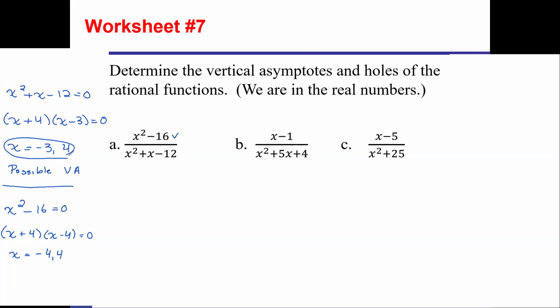Once again, we are both sharing this 4. What it tells me is I only have one vertical asymptote. My vertical asymptote is going to be x is equal to negative 3. And once we're done here, we can put these all in Desmos and see if we have these asymptotes correct.